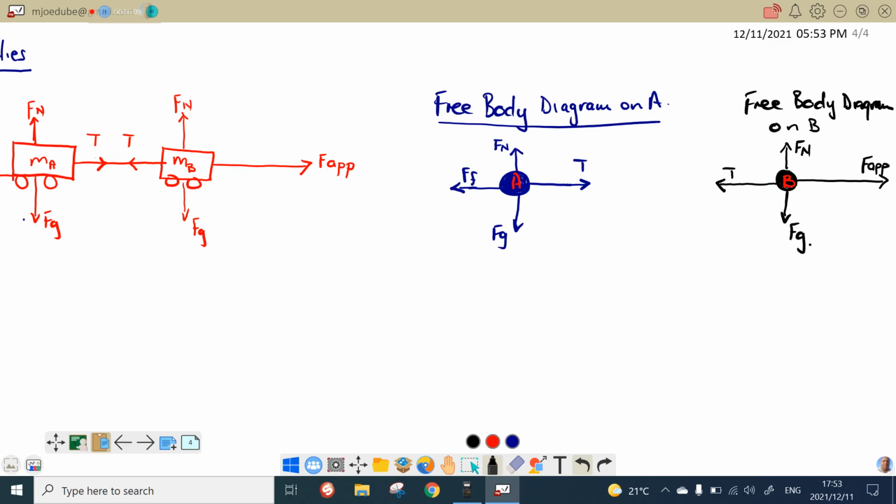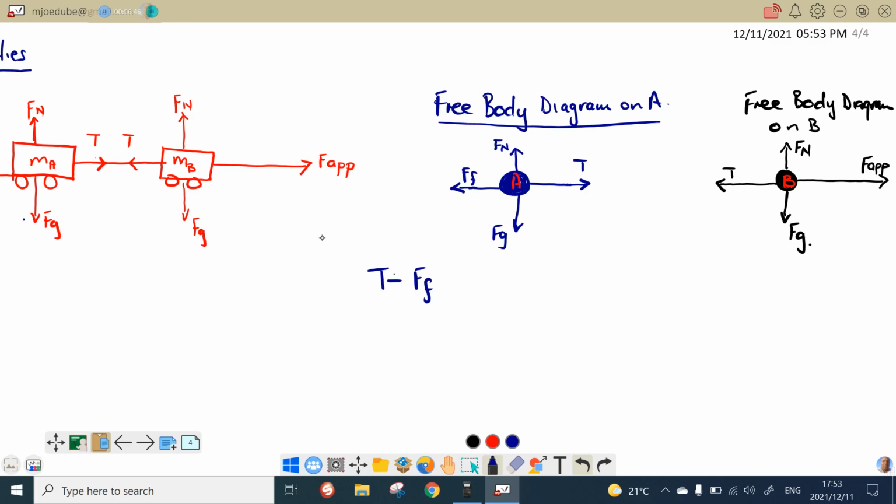Now when you have done that, you are now able to start doing your calculations of Fnet. You've got to solve these in parts so that you can end up having a simultaneous equation, and then from the simultaneous equation you should be able to work out the unknowns that may be asked. So in this case, on free body diagram A, we have T minus FF.